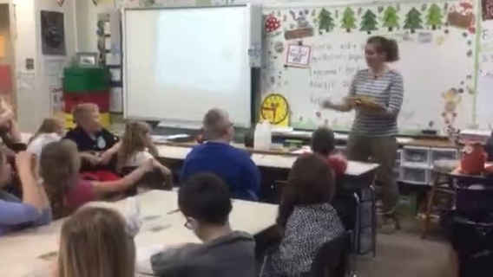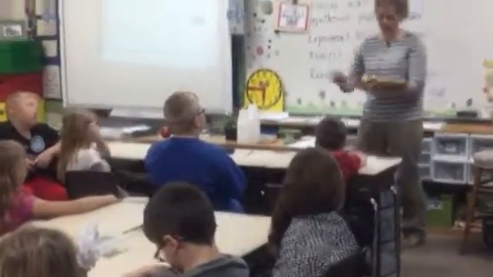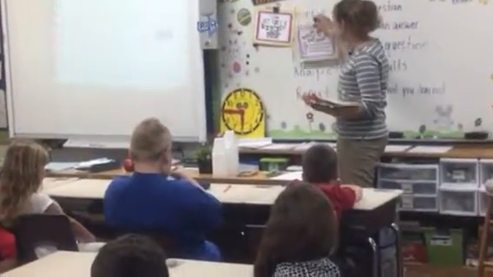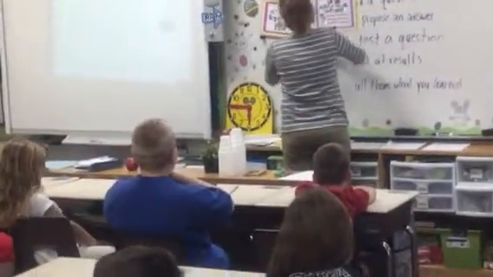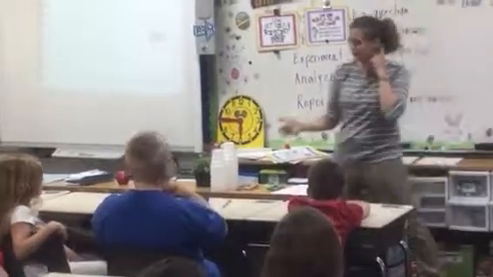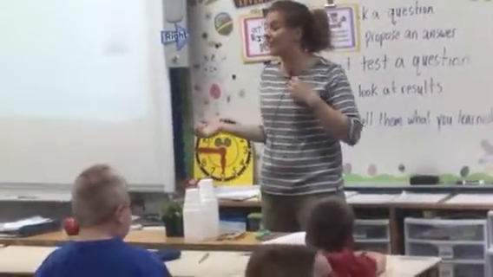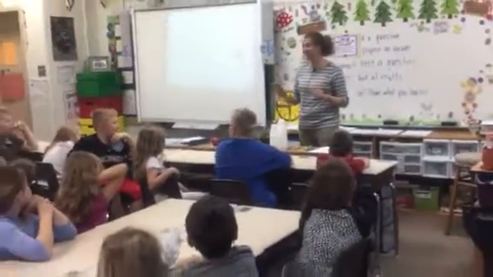Let's see. Trinity. Ask the question. But what do we ask a question about? Things that we observe, right? Things that we are observing. What do we usually use to observe? The 5 senses.